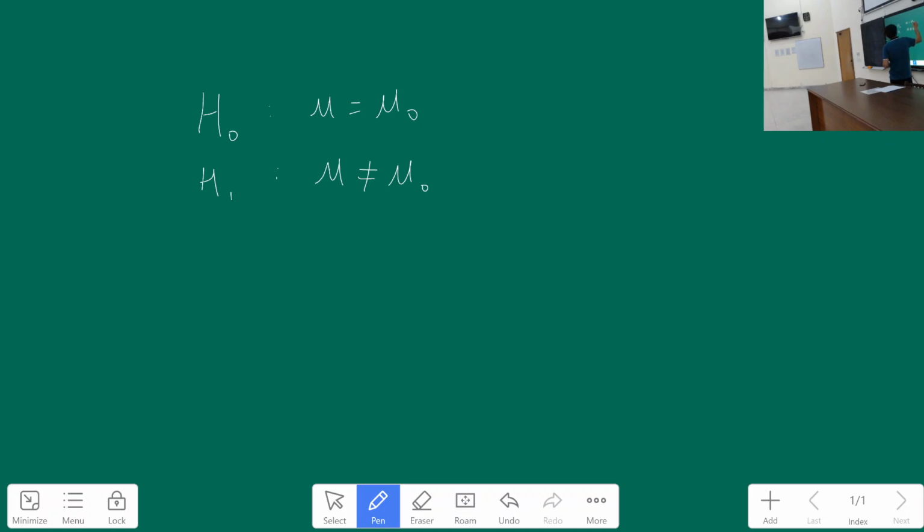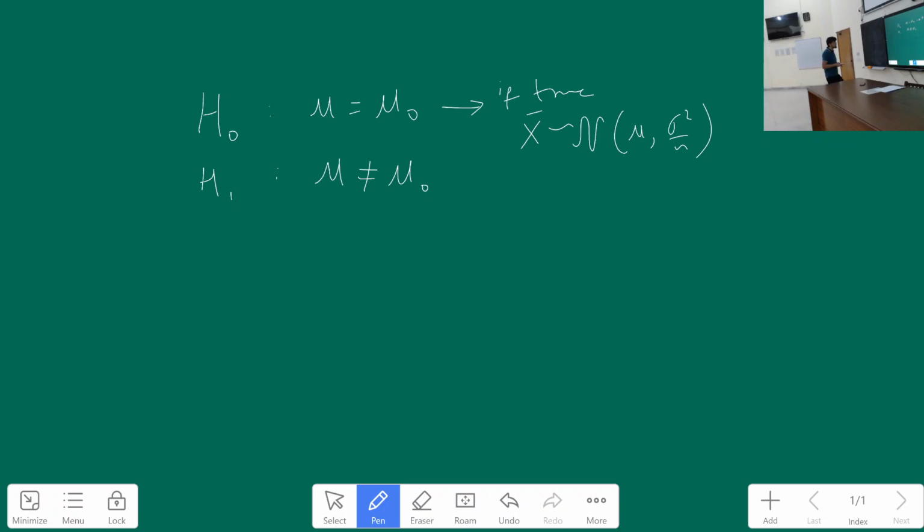Now we know that if this is true, then x bar, as I already said, has a Gaussian distribution with mean mu and variance sigma square over n, assuming that the variance is known. Now remember we said I will say that I was right if 90% of you come back to me with a value between 164 and 160, within the critical region.